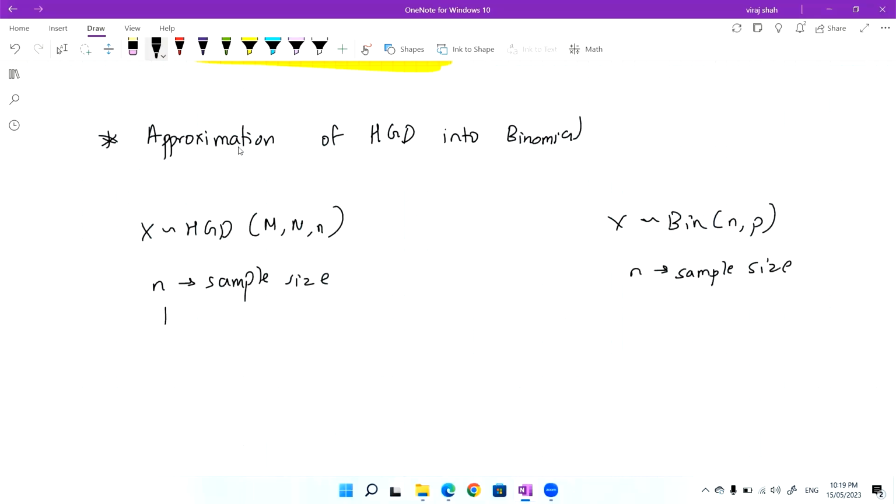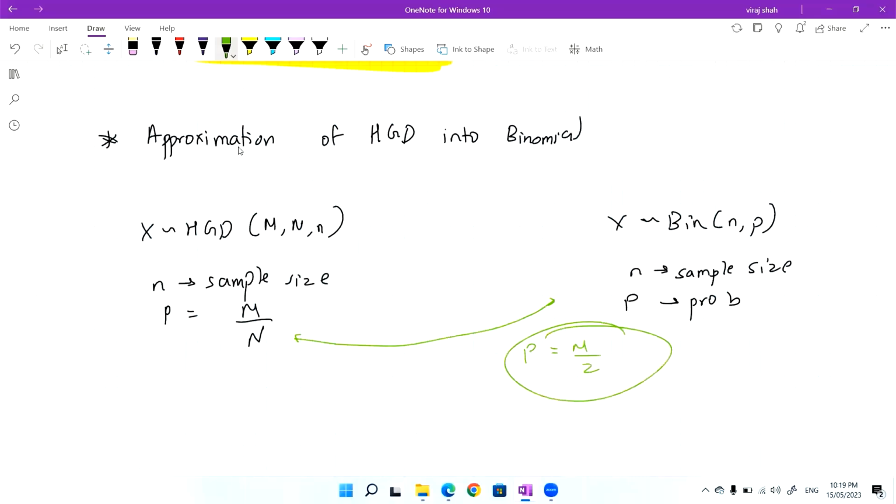The probability p is nothing but M upon N. So these two are equal when your p is nothing but M upon N. Or you can write a hypergeometric distribution into your binomial distribution while writing p is M upon N.